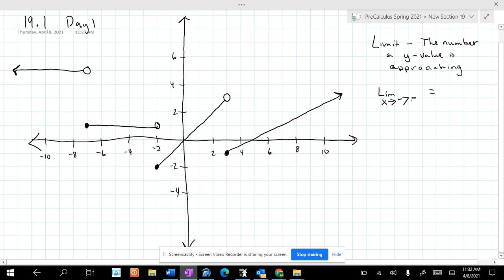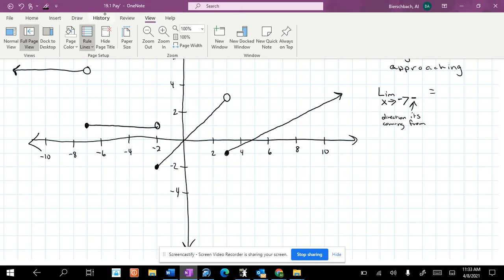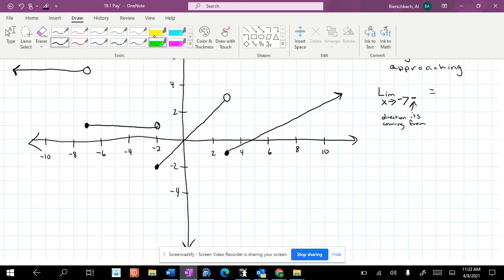The negative behind the number as an exponent says what direction it's coming from. So that's the direction it's coming from. So as you're coming from the left towards -7.